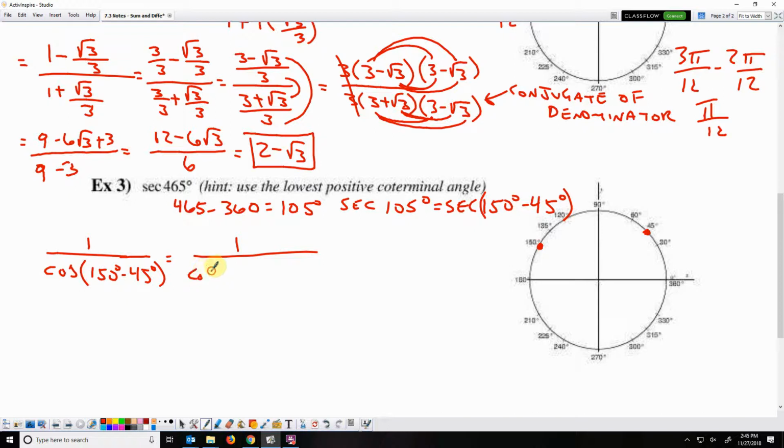So that's cosine 150, cosine 45. And then it's minus or plus. I have a minus here, so I have a plus here. Sine alpha, sine beta. Sine 150, sine 45.